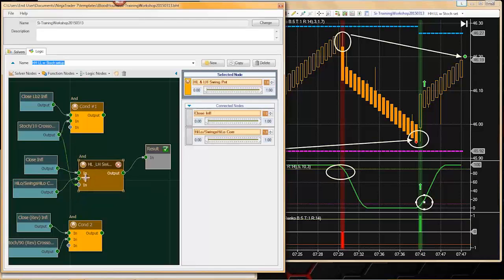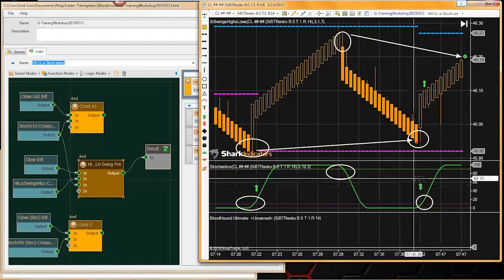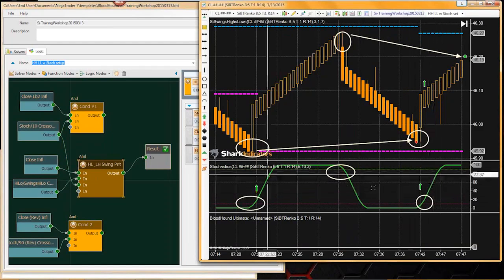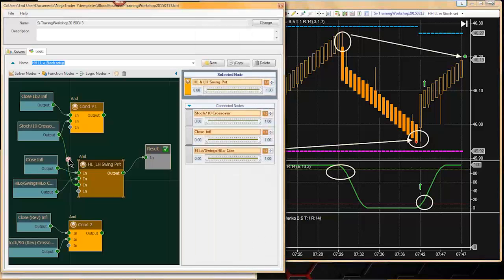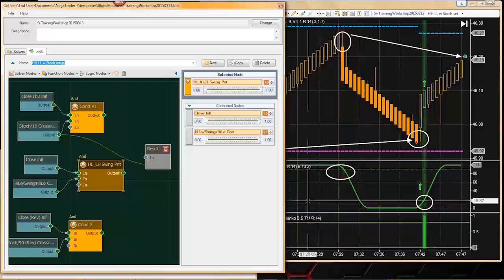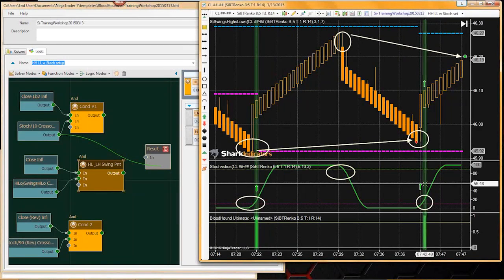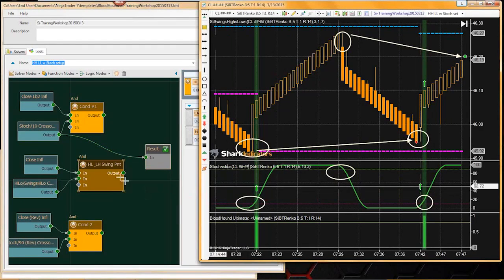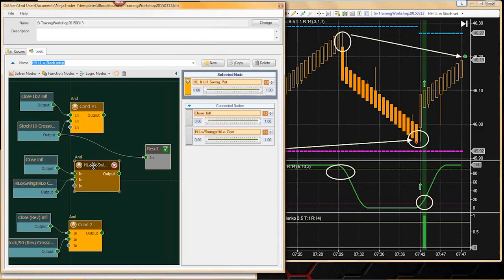Now, if I just connect this in, you'll see that it kills the whole signal. And right, that's because the stochastic is happening 1 bar later. Right, you can see that the racing stripe happens 1 bar later. So let's see. I'm trying to think of what would be a good way to do that.